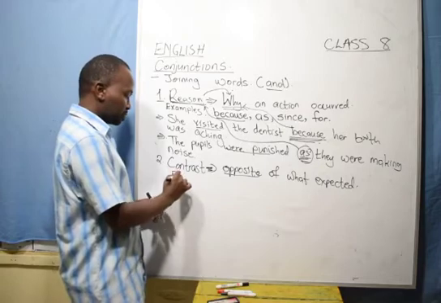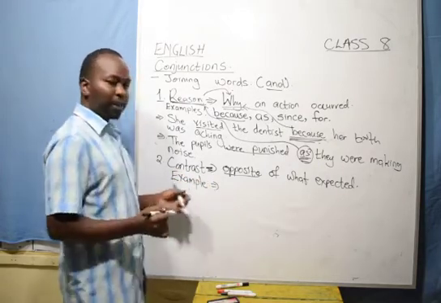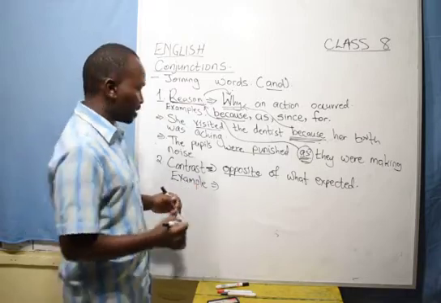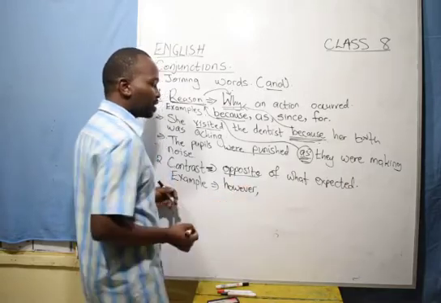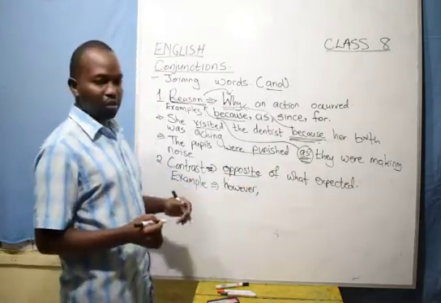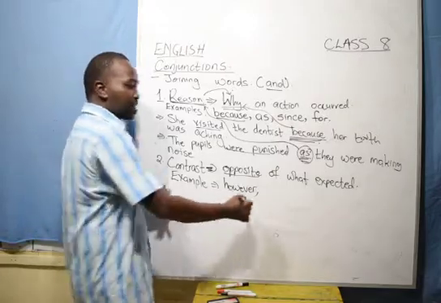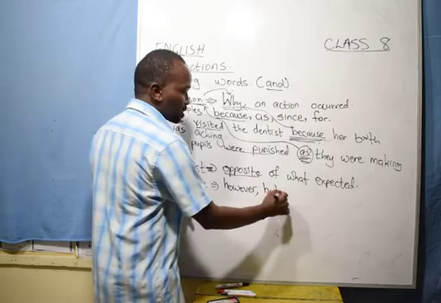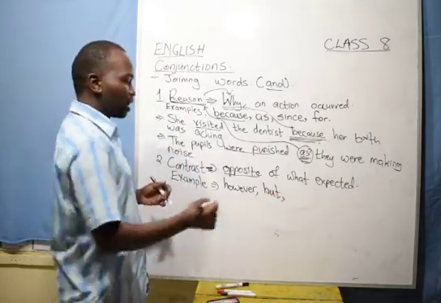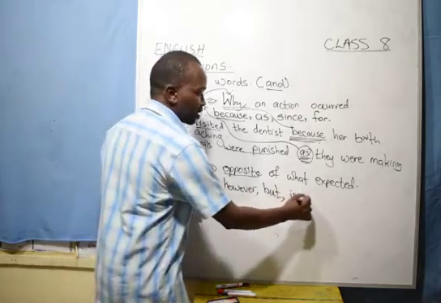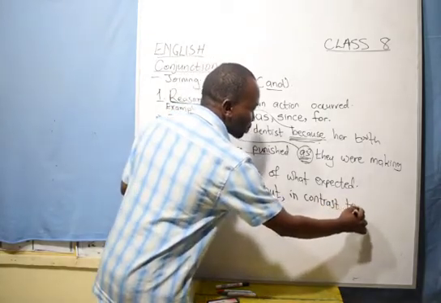For example, the most common example of conjunction of contrast is the conjunction however. However, it gives us the opposite of what was expected. Another conjunction that you may think of, yes, you have the conjunction but. Another one we have is in contrast to.